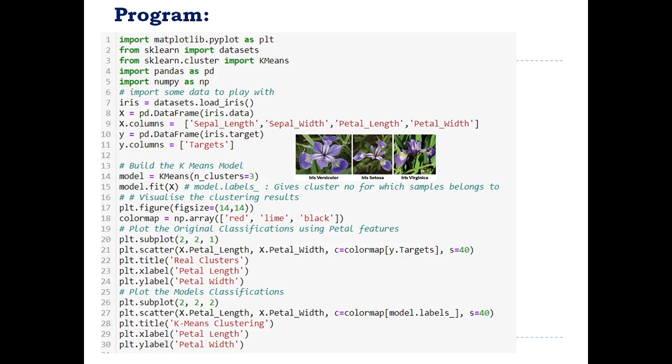Now let's discuss the implementation details of this program. First we need to import all the libraries and built-in classes required for this program. Here we need the matplotlib library. Matplotlib is a plotting library for the Python programming language, and its numerical mathematics extension is NumPy.